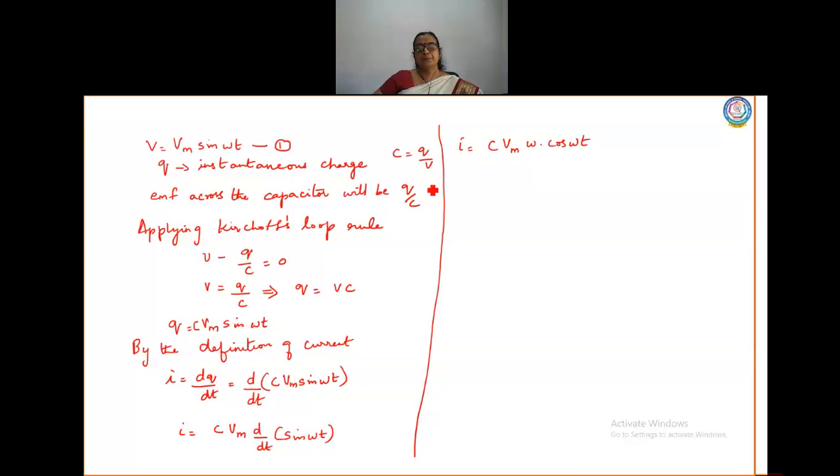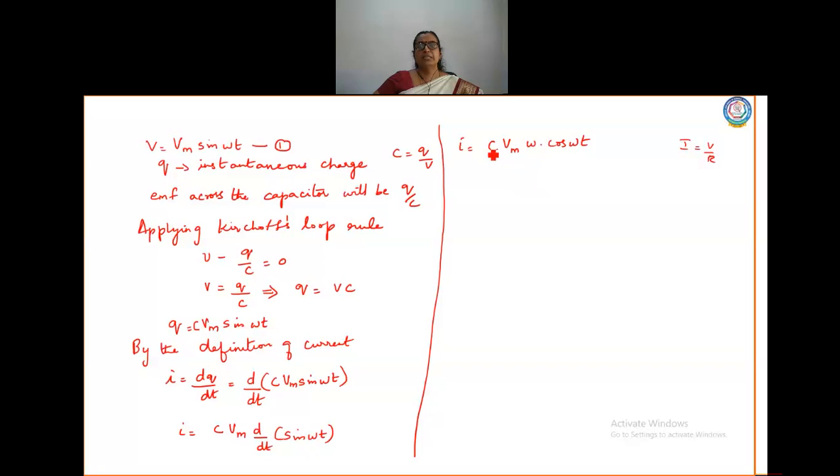But before I could do that, according to Ohm's law, we have the value of current I to be V by R. But here we have Vm, which is the voltage, but we don't have any value for resistance here, but we have C and omega on either side.